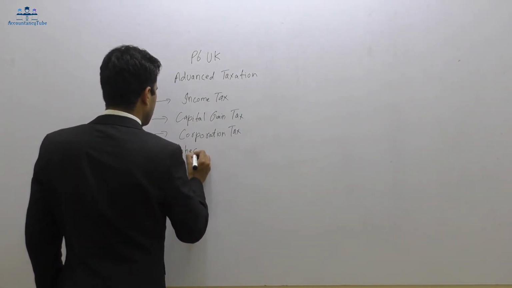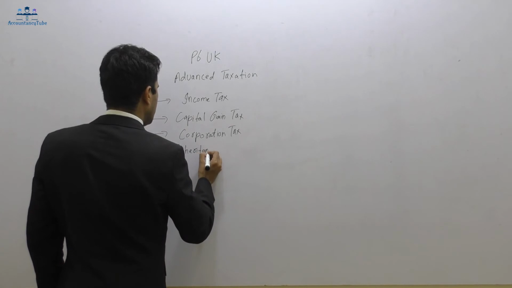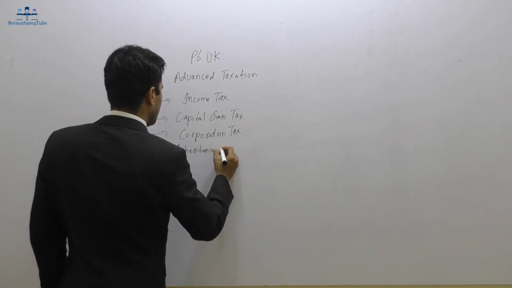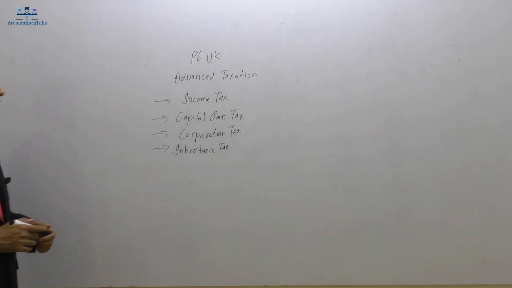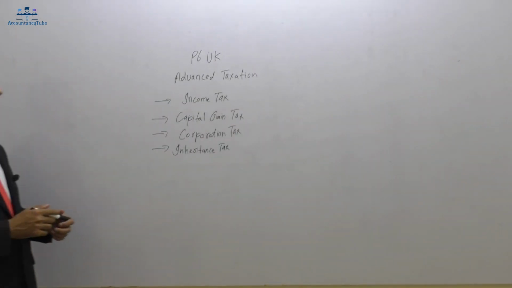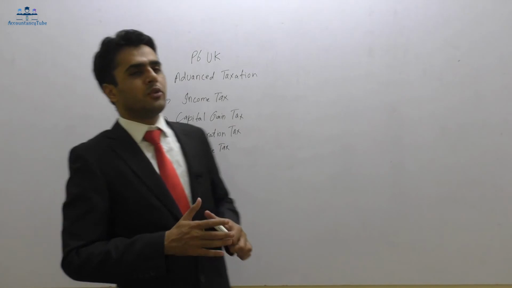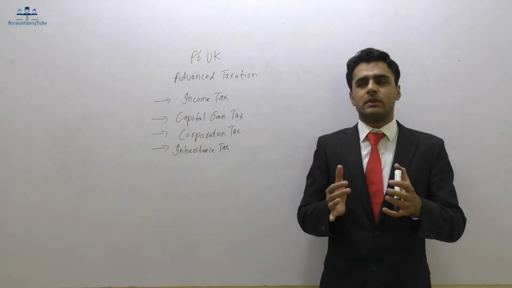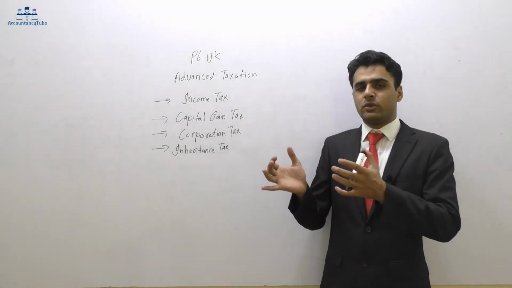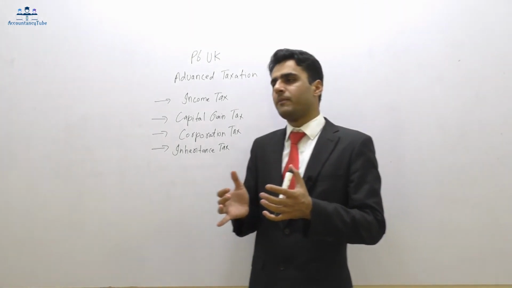Inheritance tax is basically tax which you have to pay when you die, right? And not specifically when you die. You will have to pay when you die, but you might have to pay when you are alive as well. So whenever parents die, they transfer the assets to their children or kids.